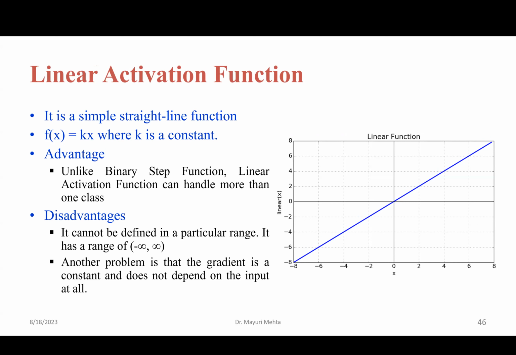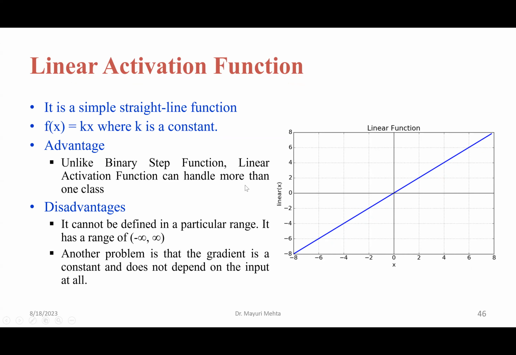The output of the function will not be confined between any range, right? So this simple straight line function is directly proportional to the input, that is the weighted sum of the neurons. And so it has this equation, f of x is equal to x. You can see that the x-axis represents x and the y-axis represents f of x.